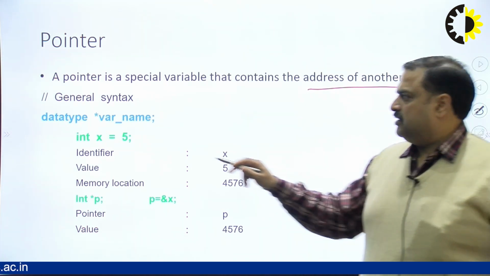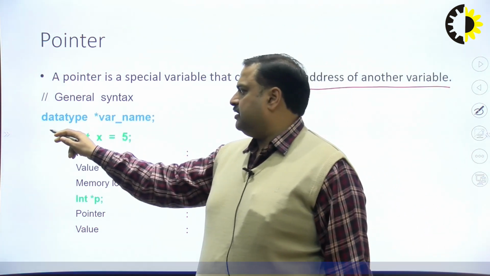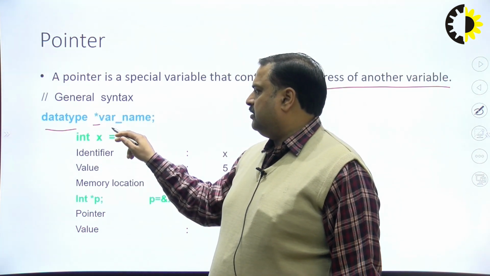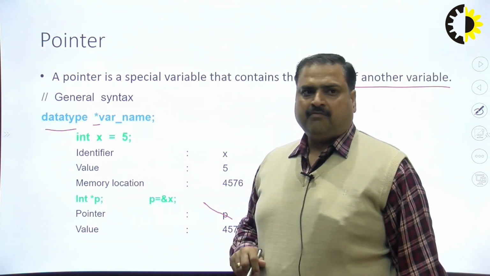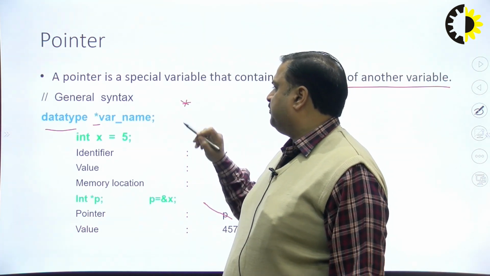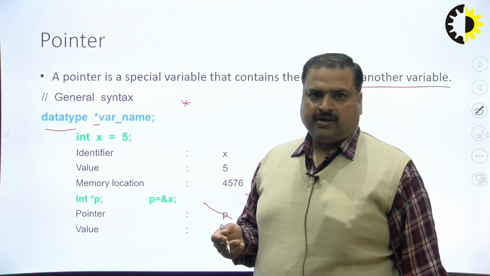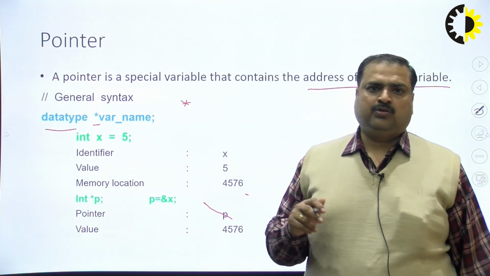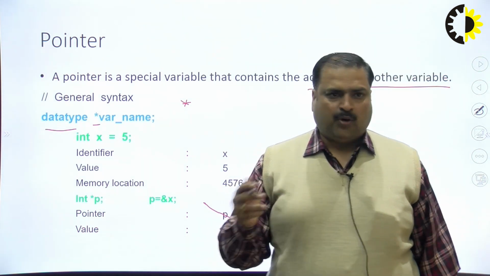We can declare a pointer using the data type, an asterisk symbol and the name of the variable. This asterisk symbol is used to tell the compiler that we are going to use this variable as a pointer.